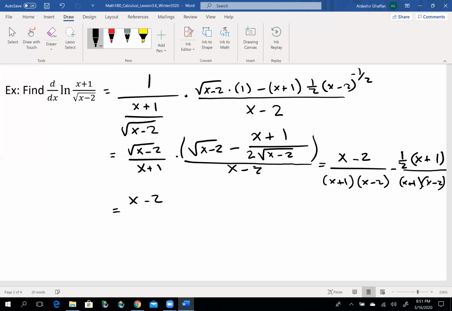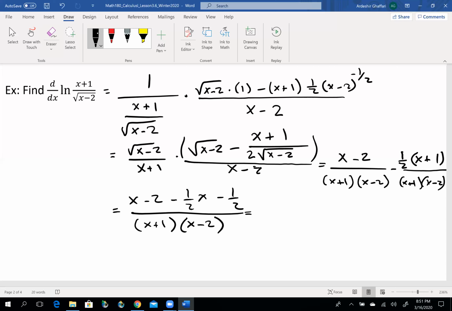So it's going to be x minus 2 and then minus 1/2 x minus 1/2, because 1/2 times 1 is 1/2. So all over x plus 1 times x minus 2, and then equal to, so now I'm going to combine the like terms.